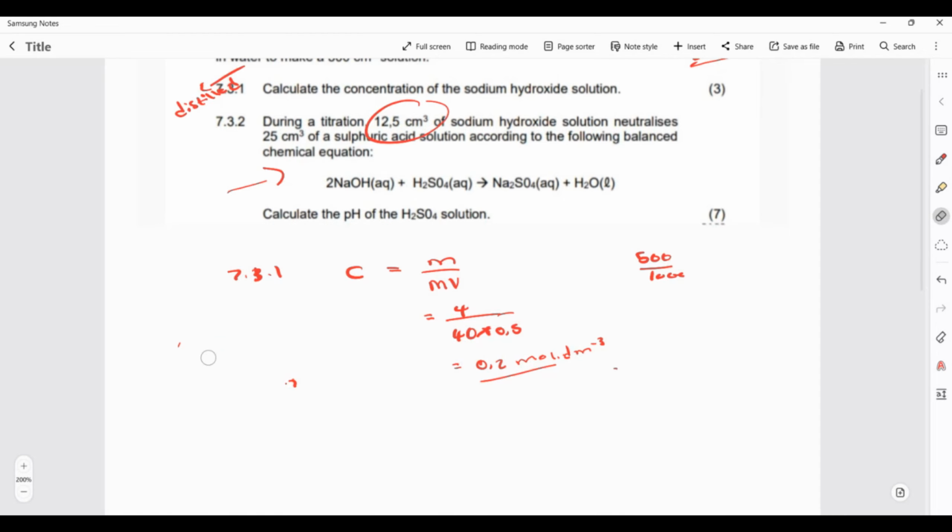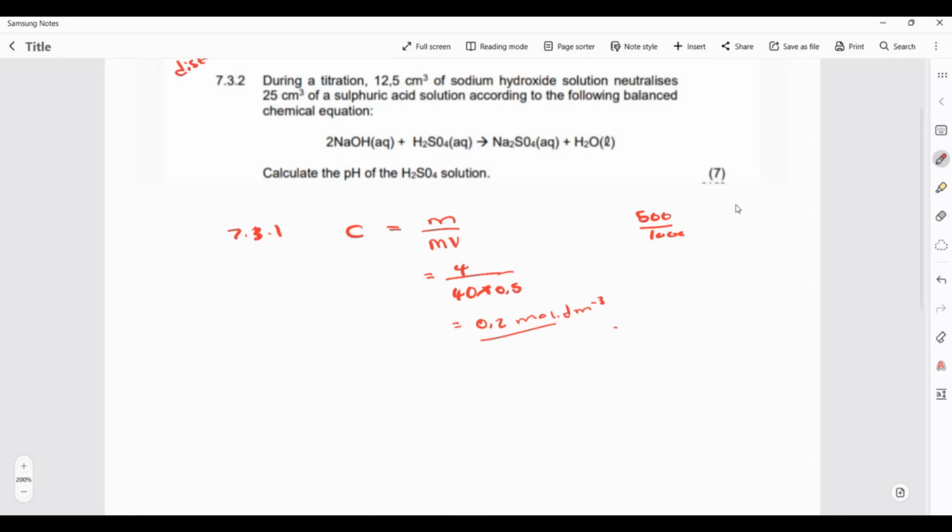So now the question says calculate the pH. All right, fine. Calculate the pH of the H2SO4 solution. Now, having done that, what you can simply do in this case is use the formula of titration, because they said it's during titration. And during titration, we know that Ca Va divided by Cb Vb is equal to Na over Nb over there.